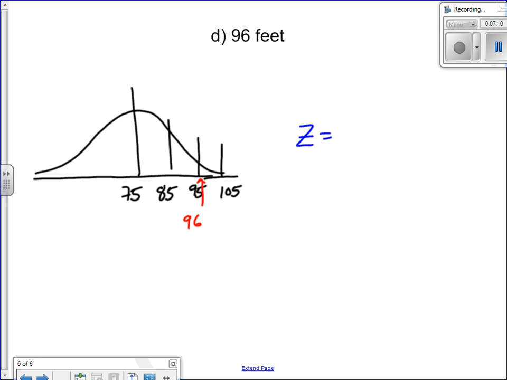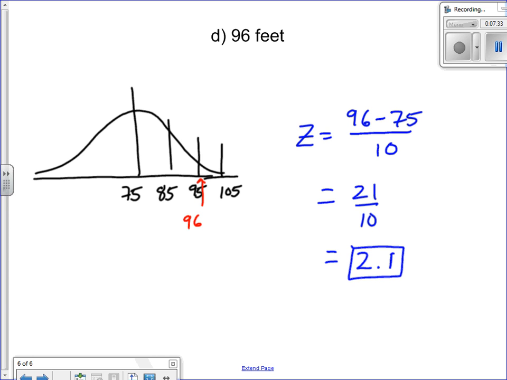Let's take a quick look. 96 minus 75, that's going to be divided by 10. So we took our observation, subtracted the mean, and divided by the standard deviation. Now we're at 21 over 10, which is 2.1, just barely over 2 standard deviations above the mean.